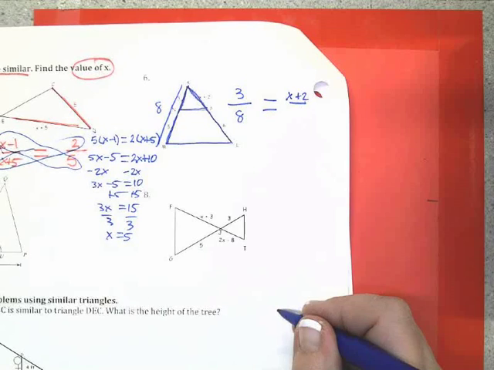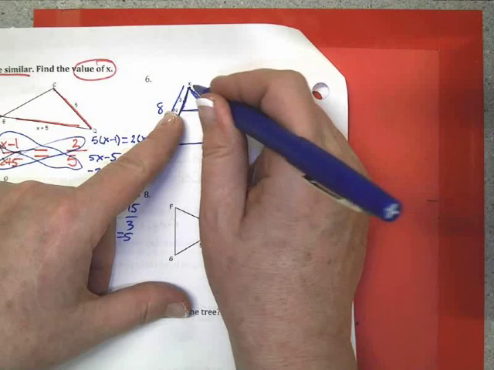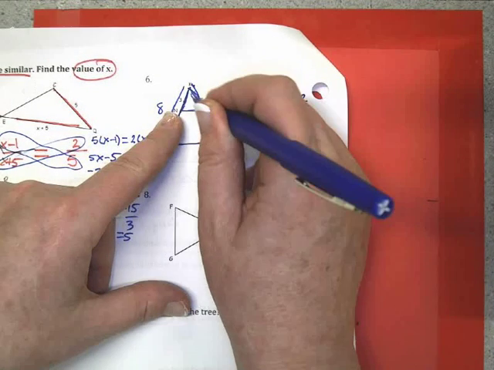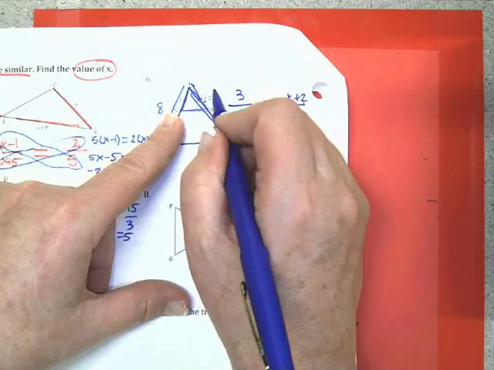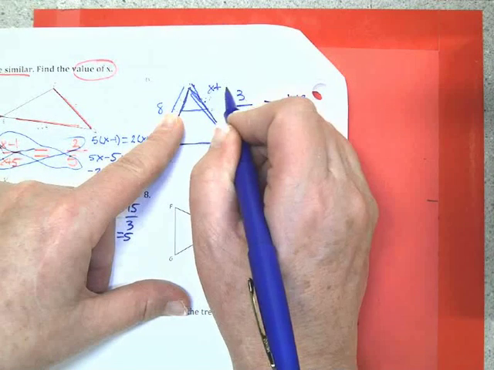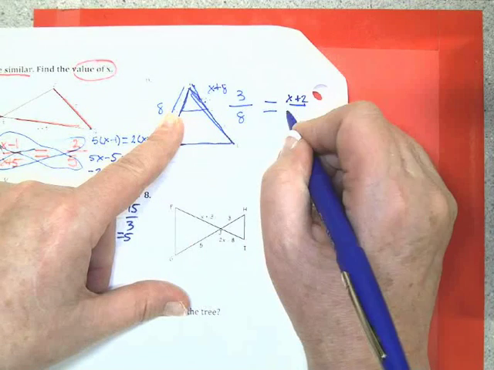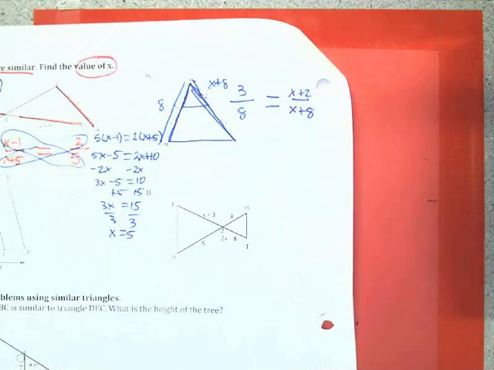And we need to figure out what this large triangle side is. So this entire side here, we have x plus 2 plus 6. So the entire thing would be x plus 8. So go ahead and set that up.